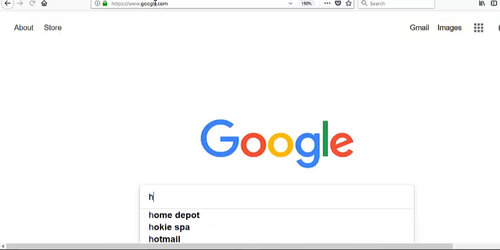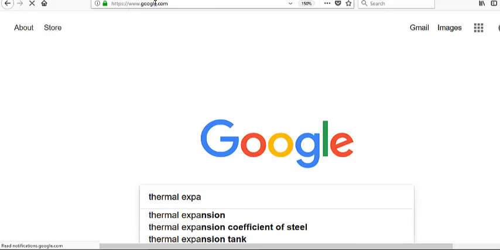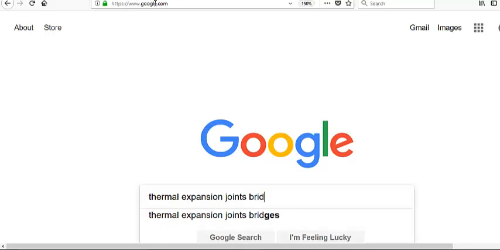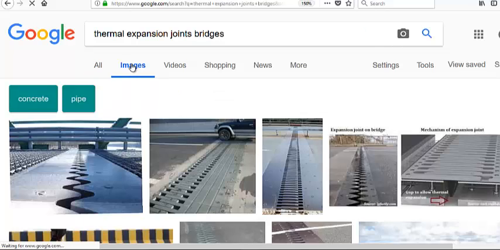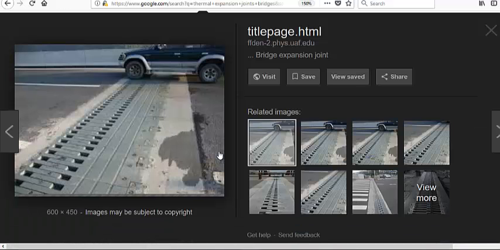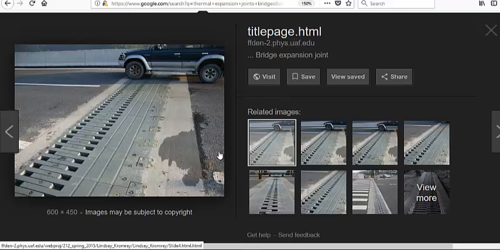So we'll say thermal expansion joints, bridges, and we will look at some images here. And you can actually see those on that bridge over at 220 that goes over the railroad. It has a little sign that says motorcycles beware, because you could have trouble.